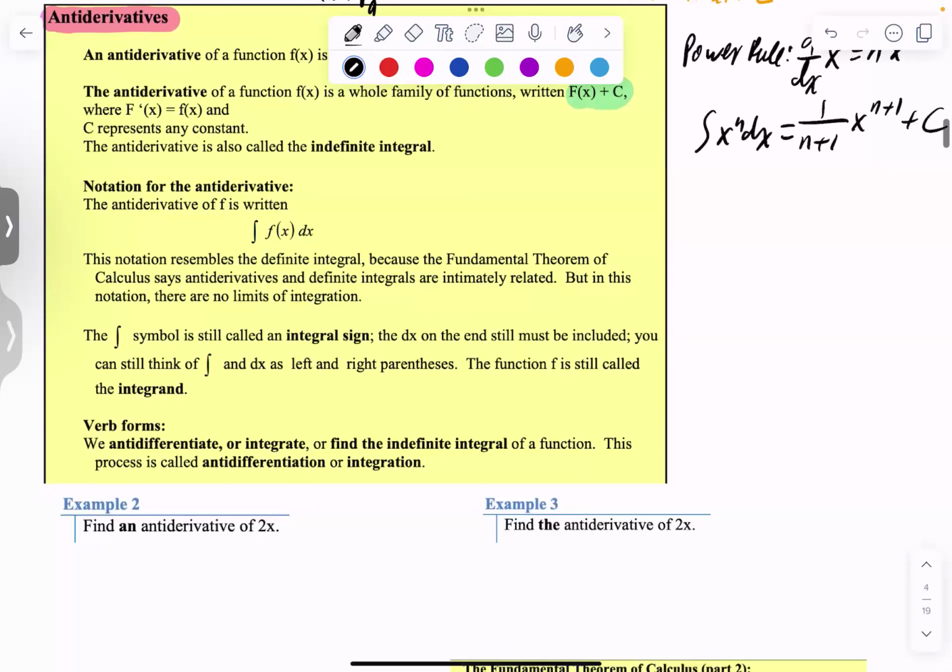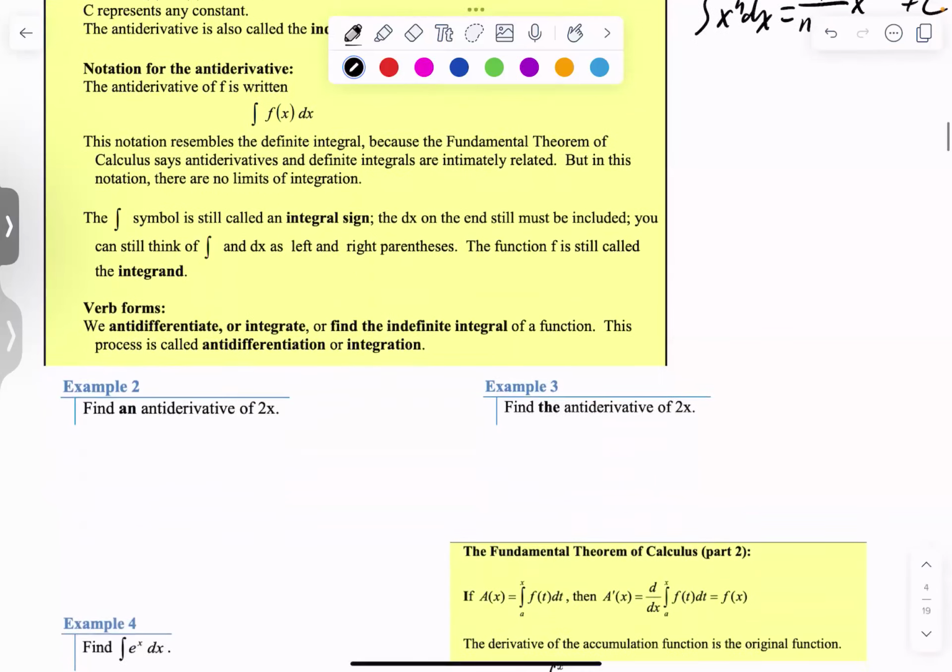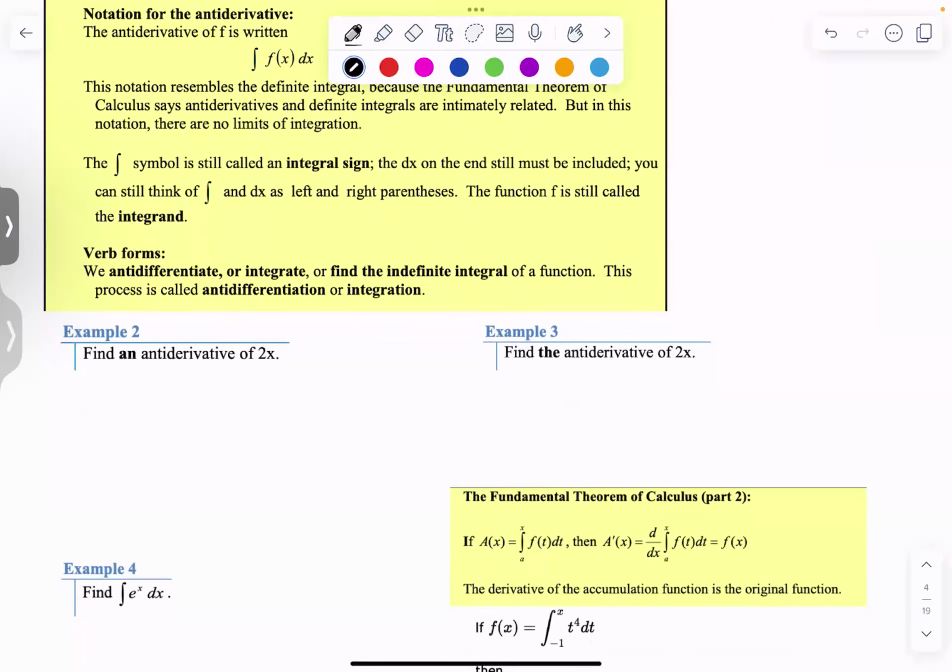All right, so we have the integral symbol. Again, that's that elongated, weird-looking s. And let's find an antiderivative of 2x. So an antiderivative of 2x is going to be x squared plus 5. Another antiderivative that we could get could be x squared minus 17 halves. Another one could be x squared plus pi.